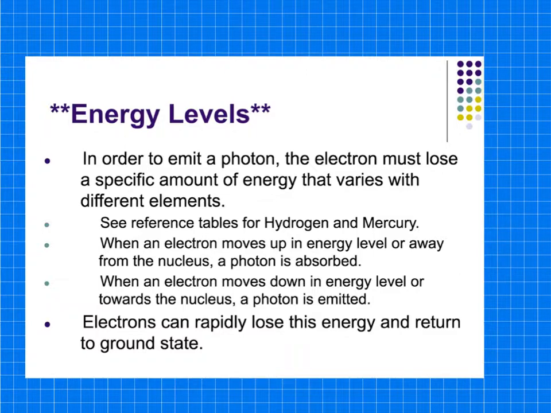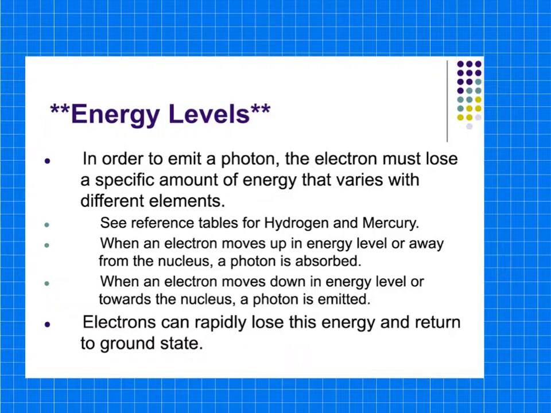So if that electron is moving towards the nucleus, it's actually easier to be near the nucleus than it is to move away from the nucleus and go against that force of attraction. It's kind of like moving with gravity. It doesn't take any energy to move towards the earth or fall towards the earth, but it does require energy to move away from the earth. So you can think about it in that respect.